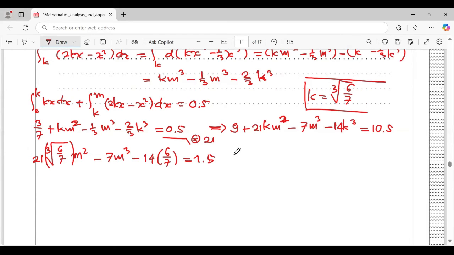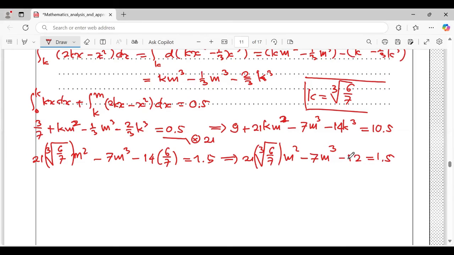So it becomes 21 cube root 7 over 6 m squared minus 7m cube minus 12 equals 1.5.